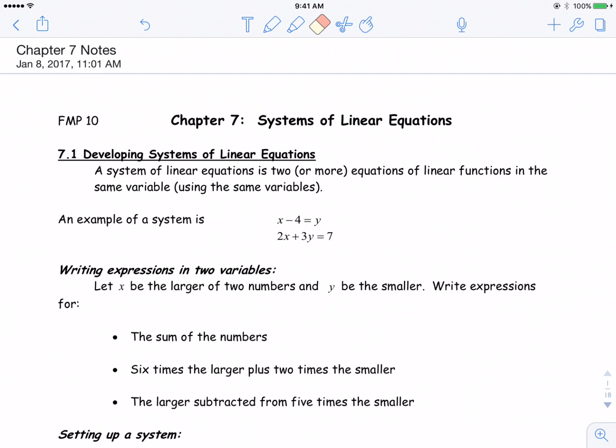So maybe we don't have a graph that would be big enough to solve them, so we solve them algebraically. So yeah, 7.5 is solving using elimination. 7.4 I think was using substitution. Yeah, and 7.6, I'm just flipping ahead in the booklet here.